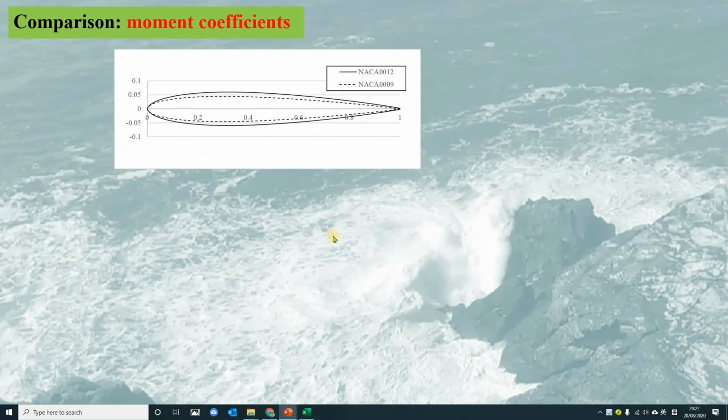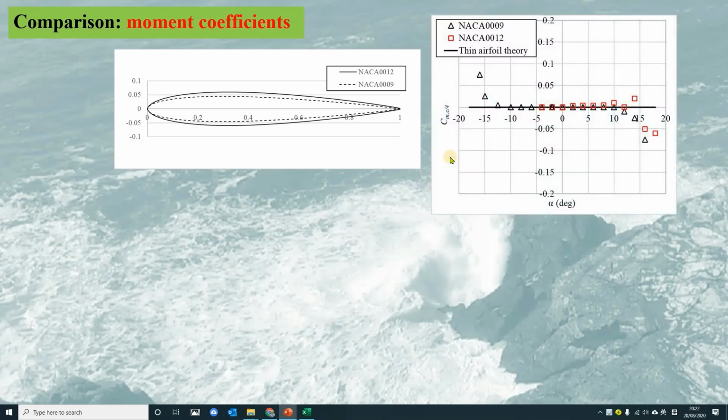In this slide, the moment coefficients are compared for different airfoils. In the small angle of attack, both NACA 0009 and NACA 0012 would have very small moment coefficients regarding the quarter chord. Again, from this comparison, the large deviation occurs at the large angle of attack, where the stall happens.